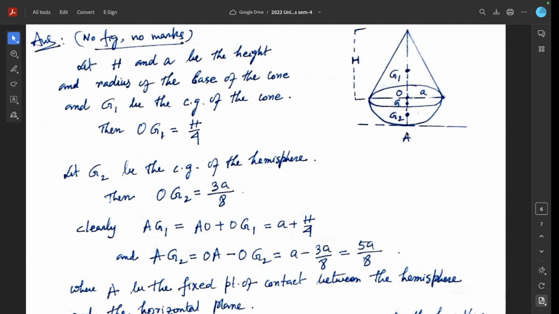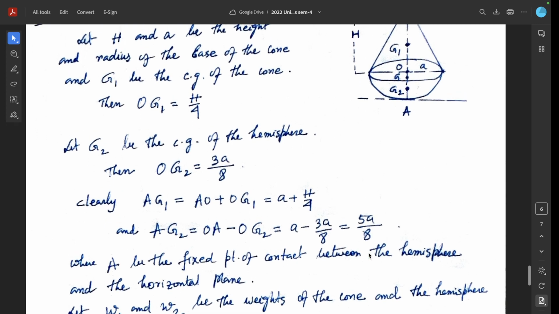Clearly, AG1 equals AO plus OG1. OA is the radius a, plus H by 4, and AG2 equals OA minus OG2. AO is a, and OG2 is 3a by 8. So AG2 is 5a by 8.